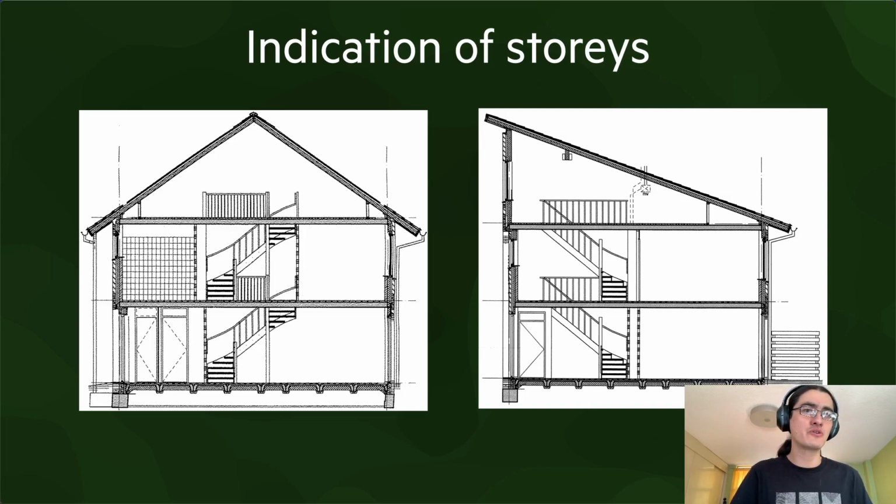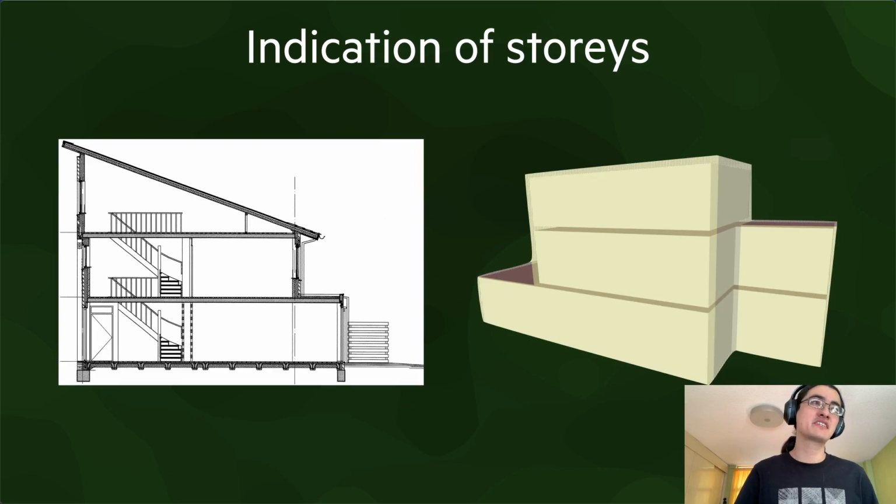So even the exterior geometry can tell you a lot about where stories begin and end. This is another example. There's an extension of a story at the bottom, and this tells you that most likely the ground floor extends all the way up to that part, and then the next floor up is a bit smaller.